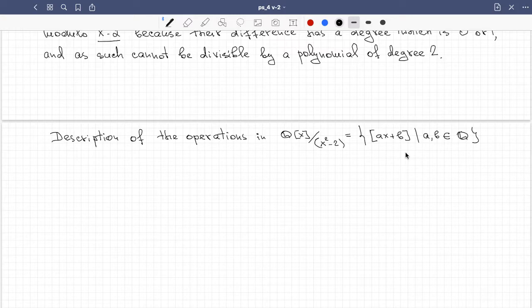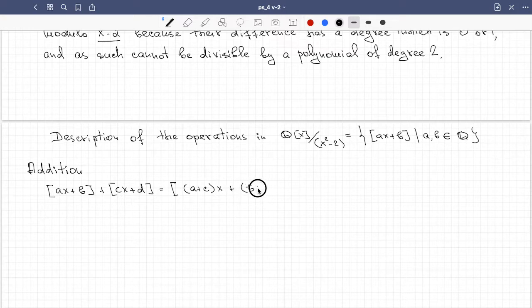The addition is easy. Two classes add, according to our rule we simply add representatives, and this is the class of the sum of representatives, which is a plus c x plus b plus d.